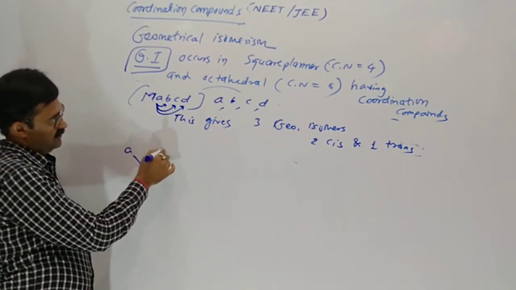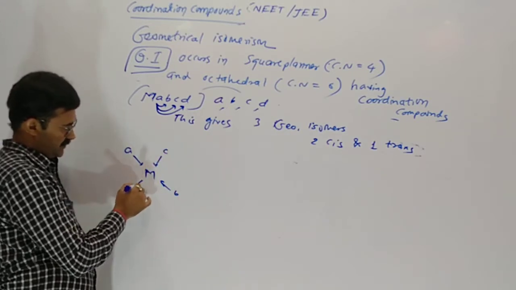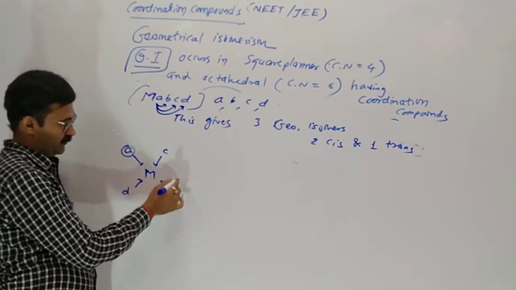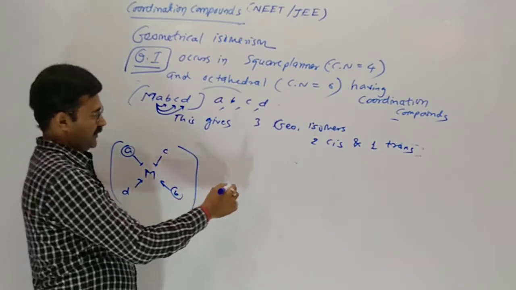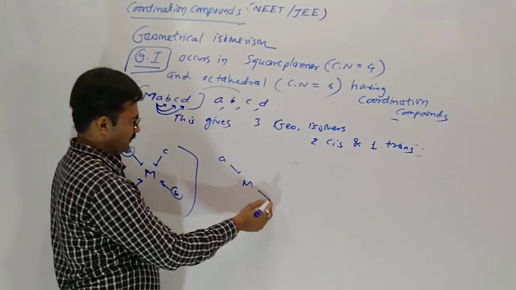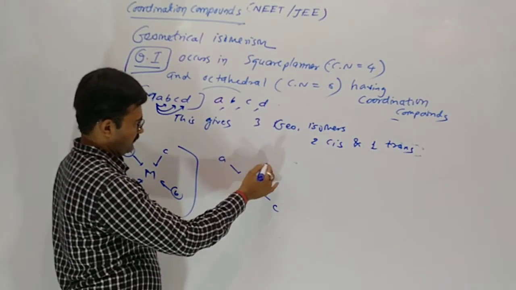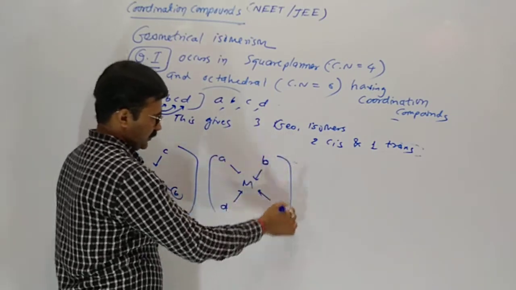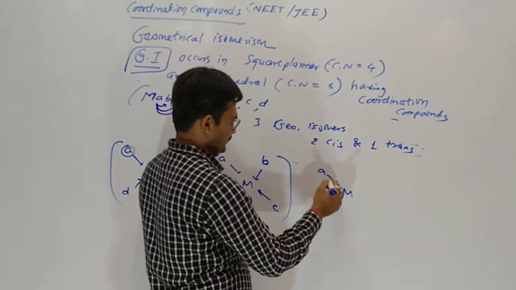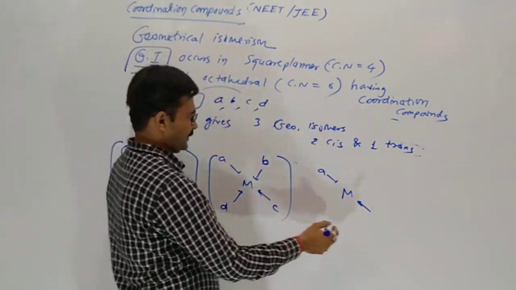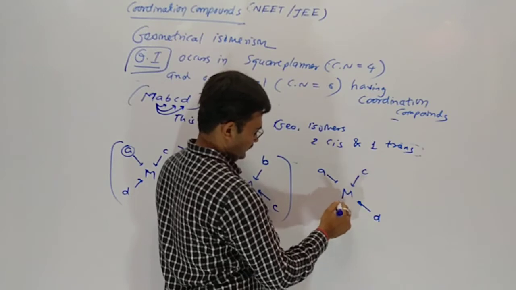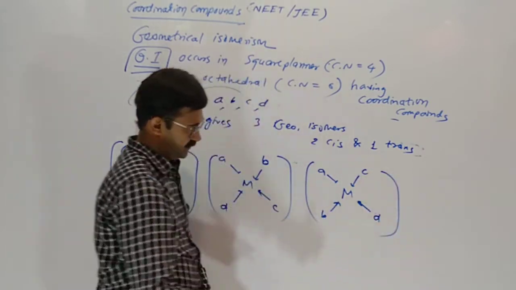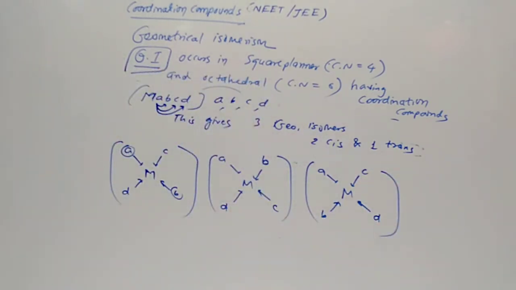Here A, B, C and D. A and B are opposite, then A with C opposite position. On the basis of it, it gives three types of geometrical isomers.